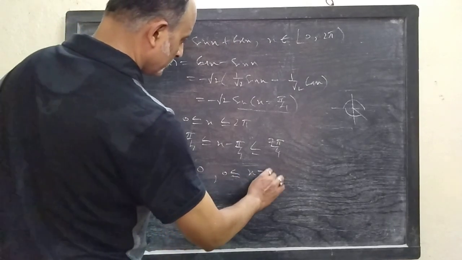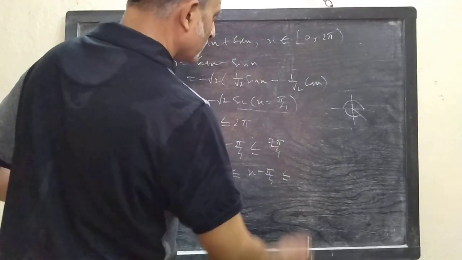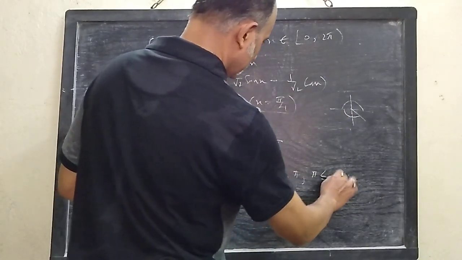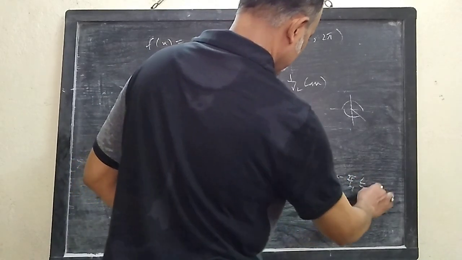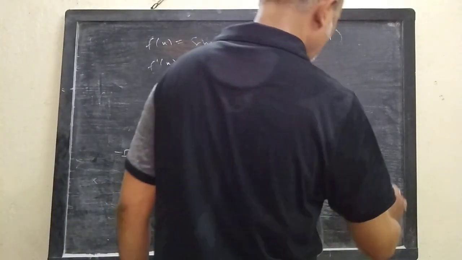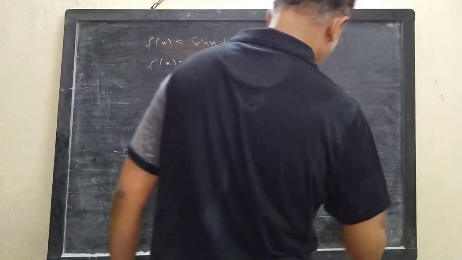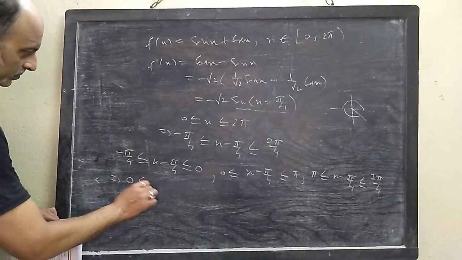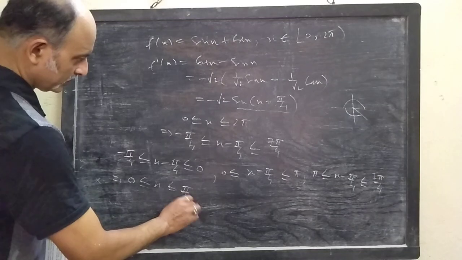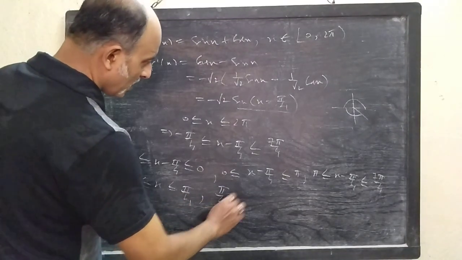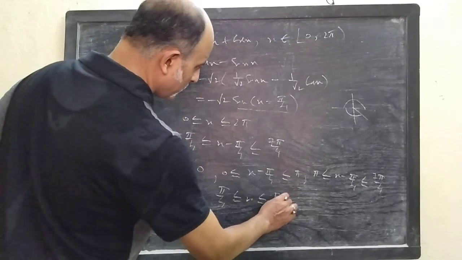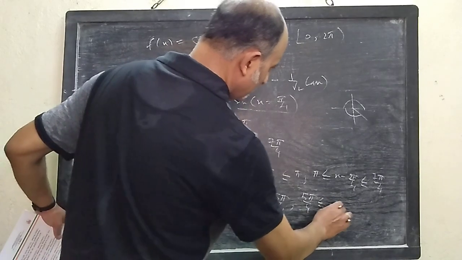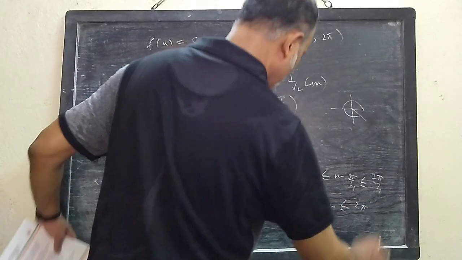Then 0 to pi, and then this will be up to 7 pi by 4. Now go back to x. For this pi by 4 is added, you get 0 to pi by 4, pi by 4 to 5 pi by 4, 5 pi by 4 to 2 pi.